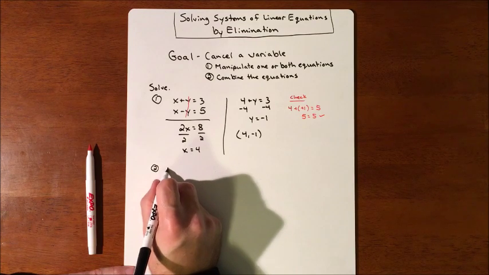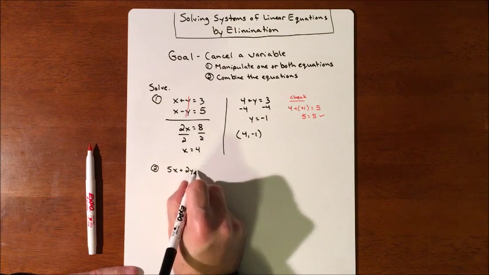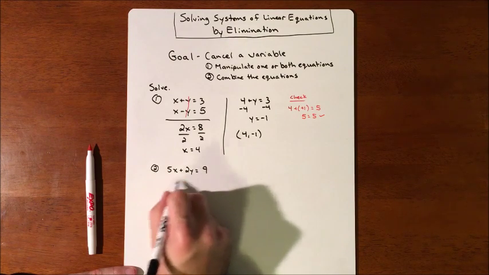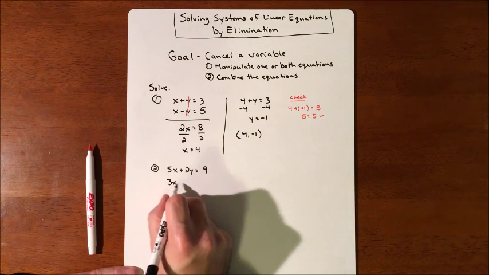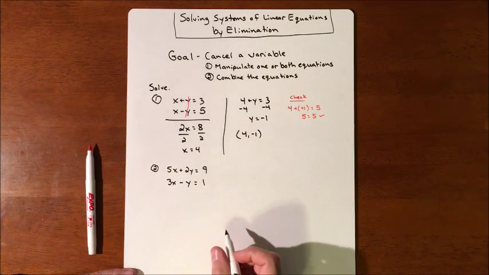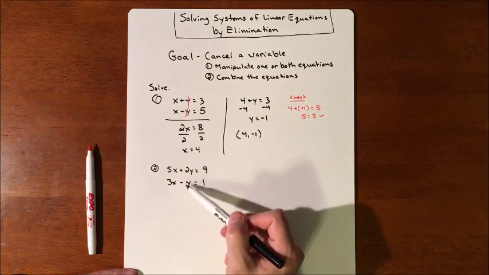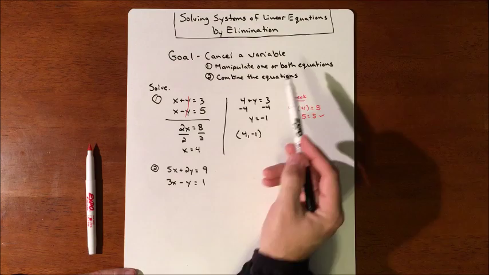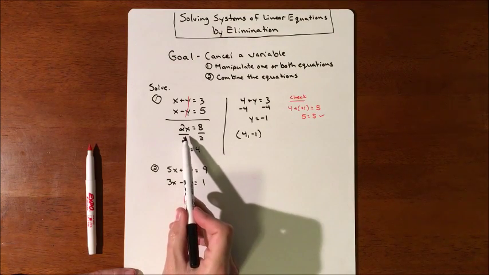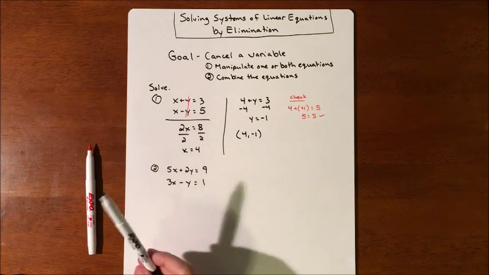So our second equation, 5x plus 2y equals 9, and 3x minus y equals 1. So we have a similar situation that we had before, where the y values will almost cancel each other. But this is where the manipulation thing happens. Just like here, where we divided both sides of the equation by 2, we could also go the other direction with that.